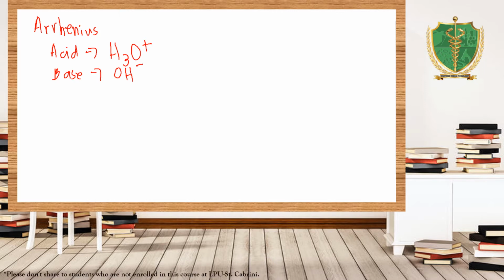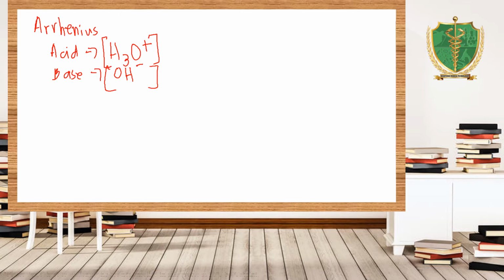Now take note guys that hydrogen reacts immediately in a water molecule to give a hydronium ion, and that is H3O positive. This is our hydronium ion. The substance that produced hydronium ion is our acid. Balikan natin, ano yung sabi before? Acid daw yung mayroong hydrogen ion. And it reacts immediately with water molecule.